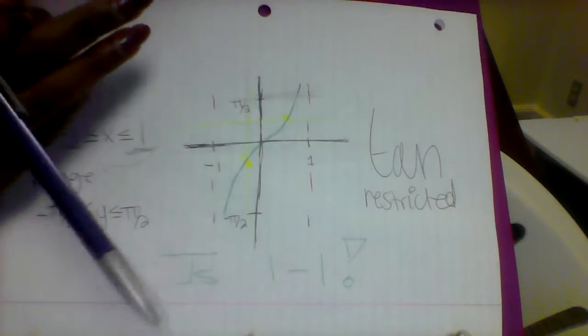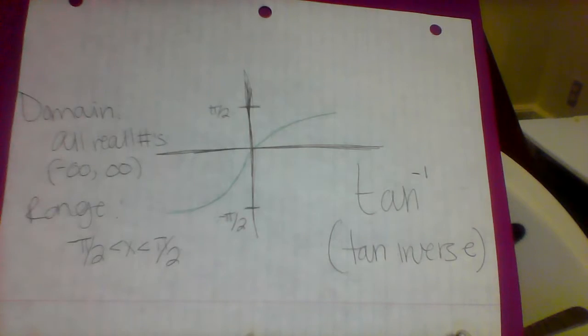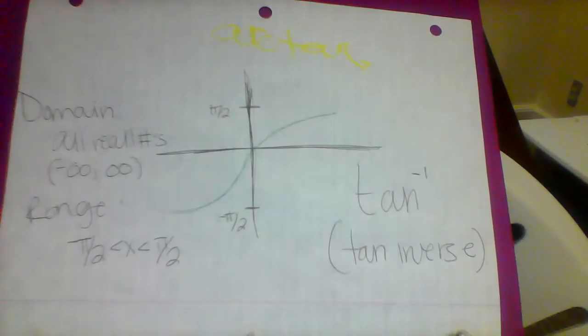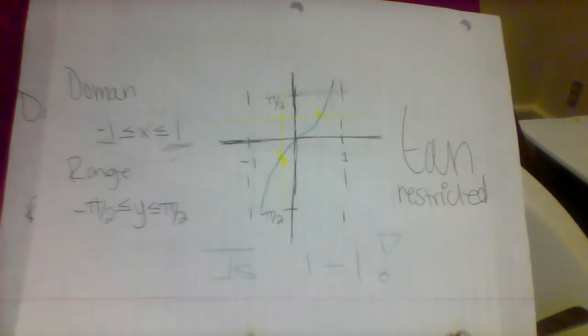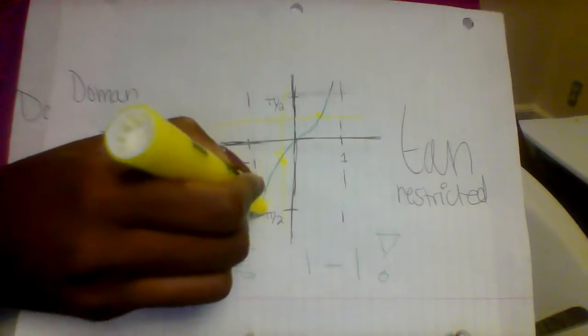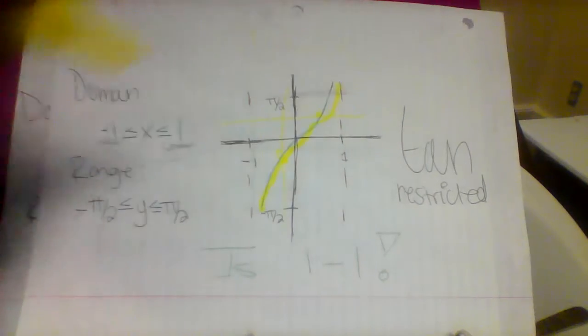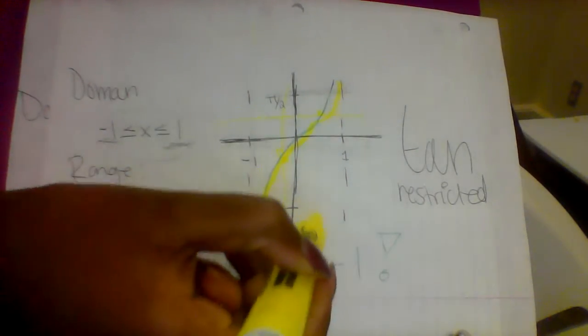And now we're going to talk about tan inverse. I can get the page. So tan inverse can also be referred to as arctan. And before we switch, let's just go back and make it noted that it is increasing simply because the graph is going up.